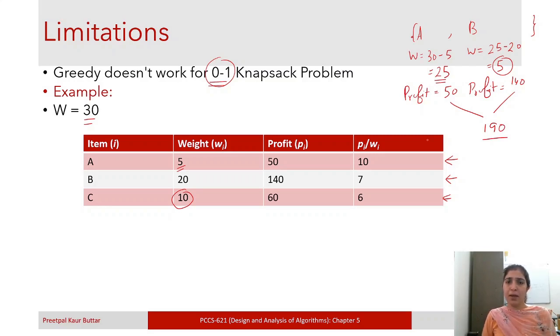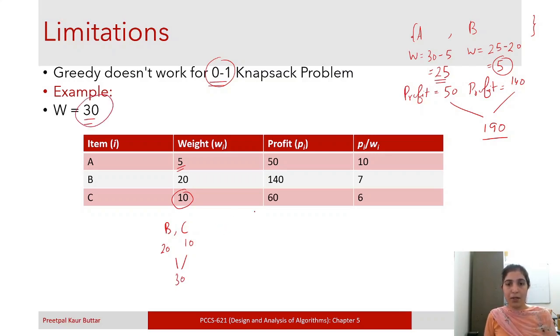But is there any alternate solution to this? Is the greedy approach giving us the optimal solution? Let us analyze. If instead of picking items A and B, I picked items B and C, then what would happen? The weight of item B is 20 and the weight of item C is 10, so the total weight is 30, which is equal to the capacity of the knapsack.